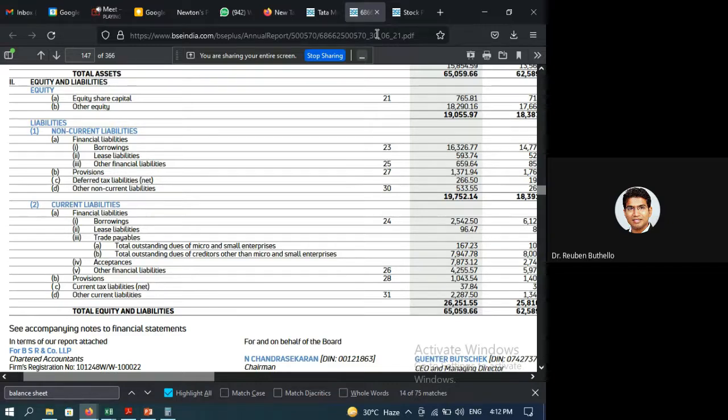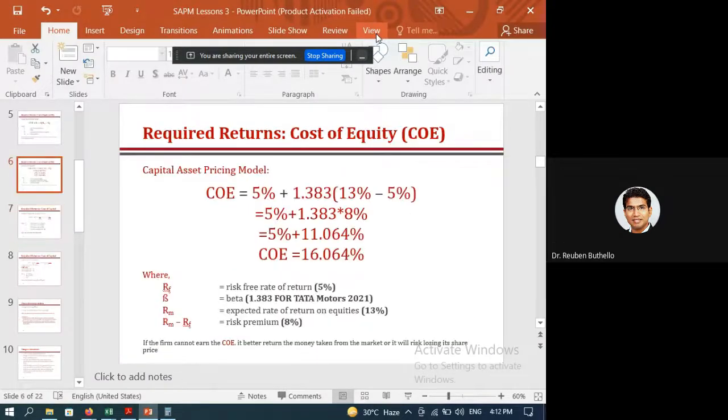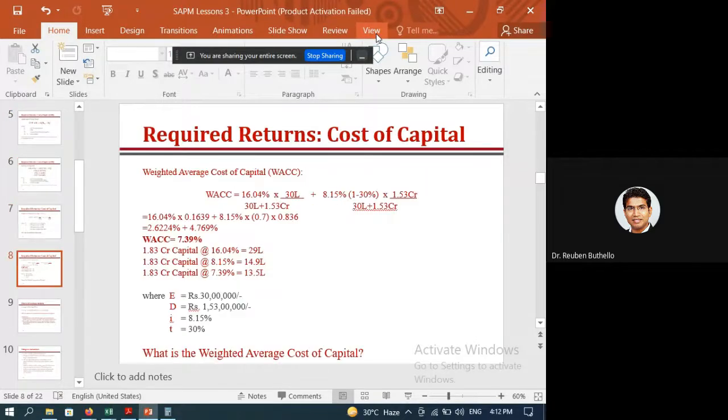Okay. So now if you look at my debt to equity, how much debt and how much equity I have, you remember when we did the study earlier, we had taken equity as only 30% and debt as around 70 or 80%.